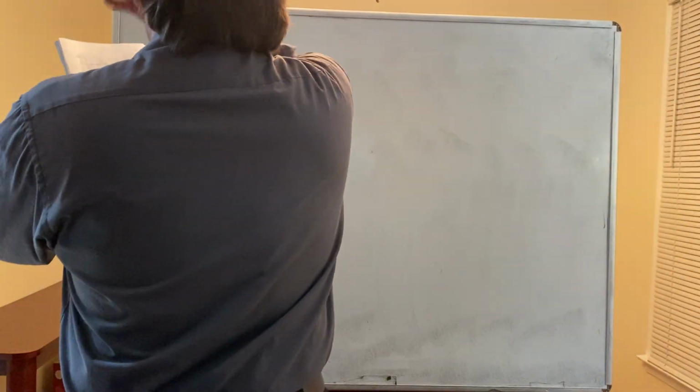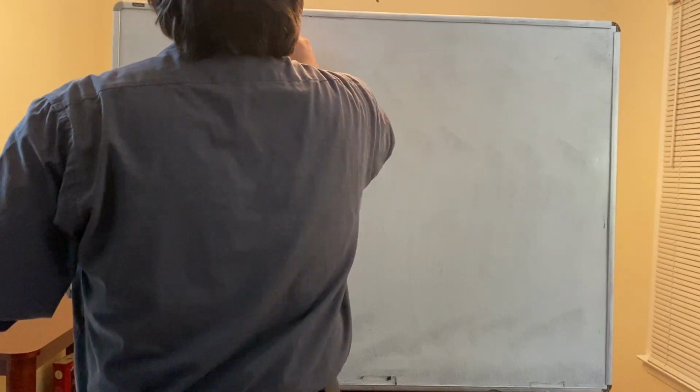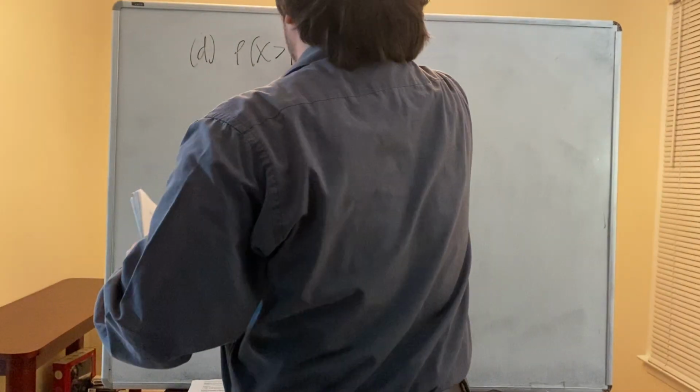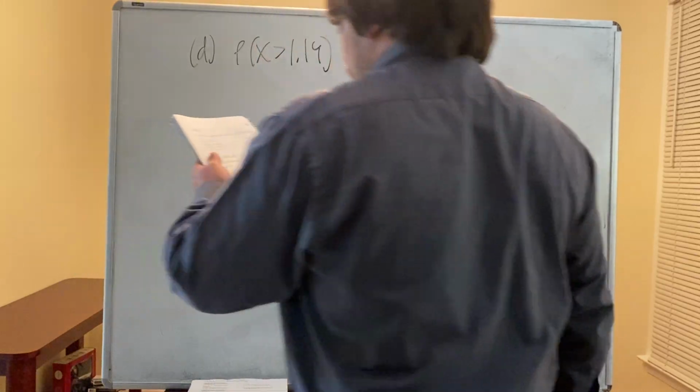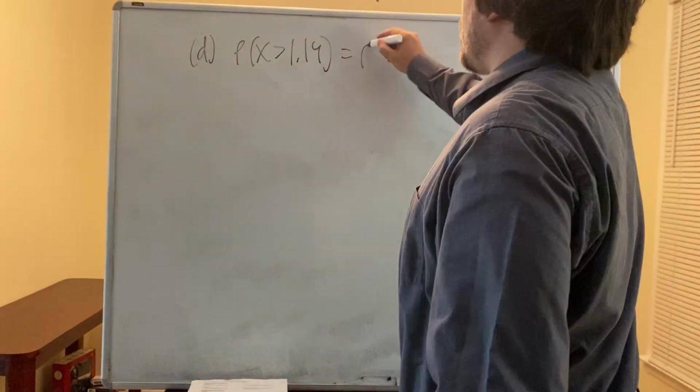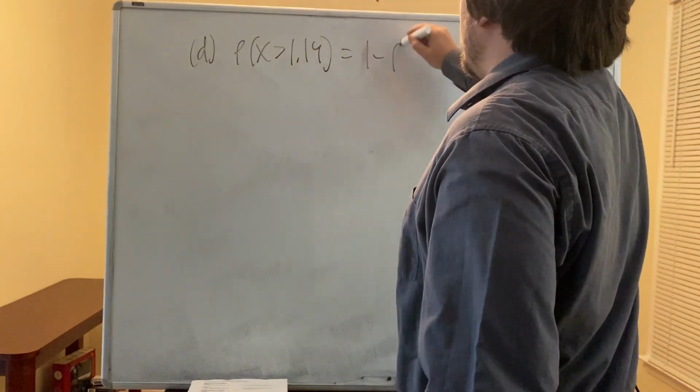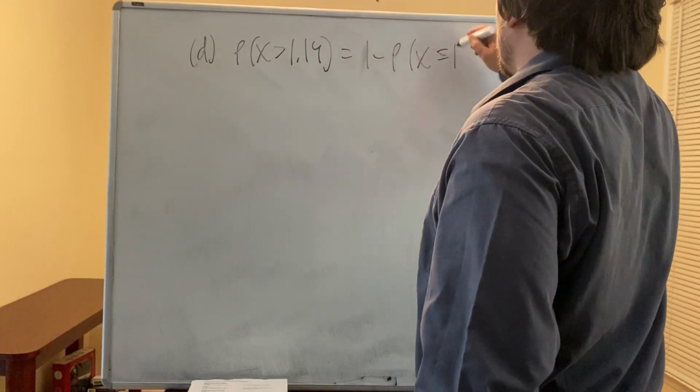Okay, D. Probability x is greater than 1.14. That's equal to 1 minus the probability that x is less or equal to 1.14.